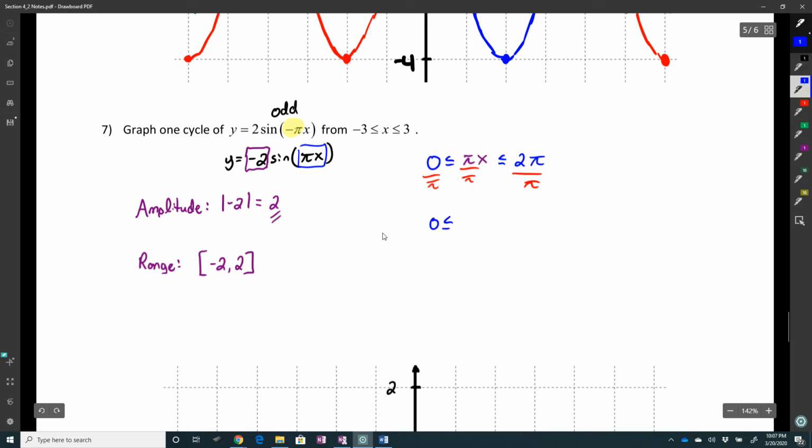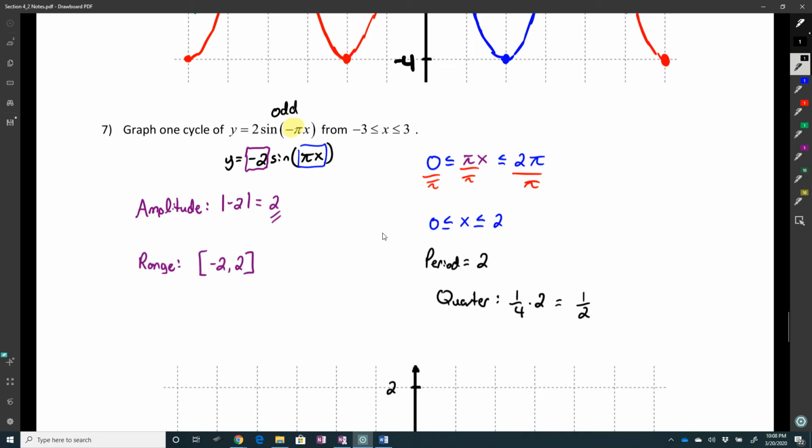So we have x between 0 and, notice here, this says 2. So if we go from 0 to 2, that means my period is 2. And then the size of each quarter is just 1/4 times 2, which is 1/2. So each tick mark that I do is going to be 1/2.